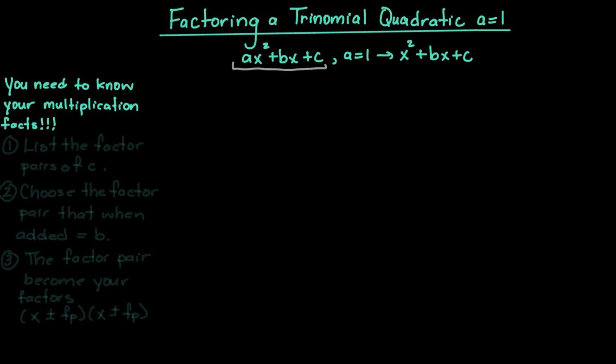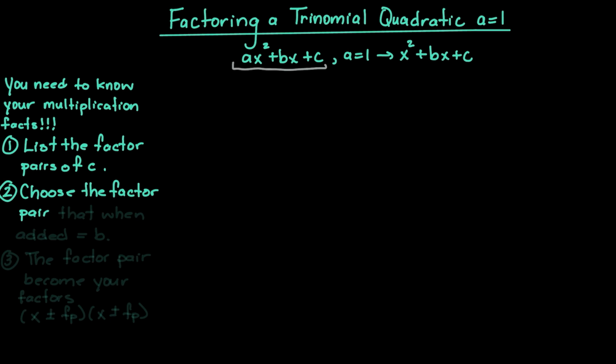Step 1, we're going to list the factor pairs of c. And step 2, choose the factor pair that when added equal the value of b.